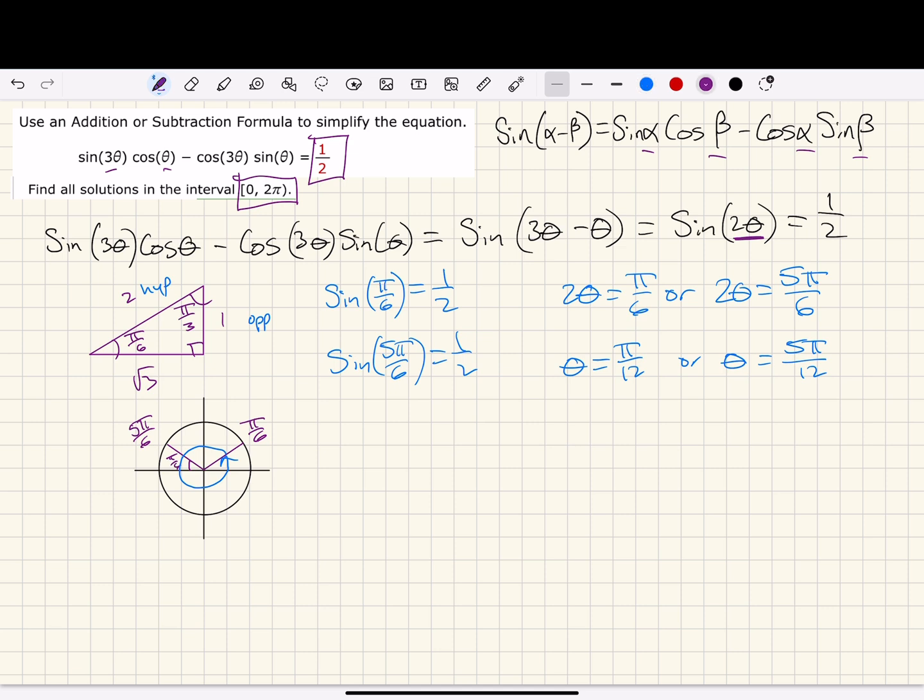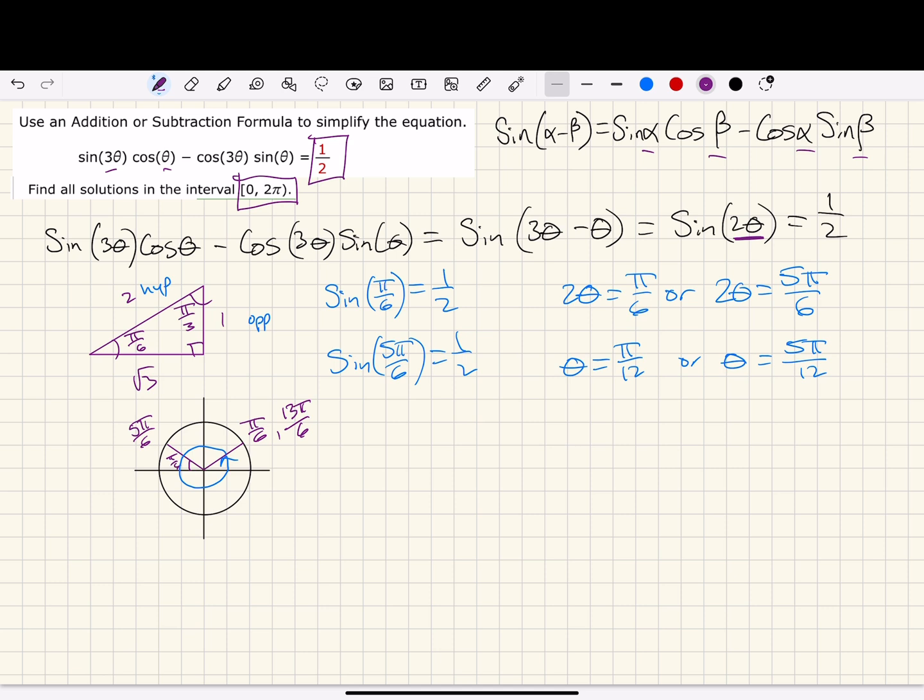What would the angle be? It would be pi over 6 plus 2 pi. Or in other words, pi over 6 plus 12 pi over 6. So 13 pi over 6.